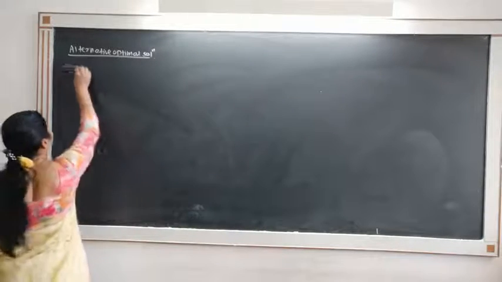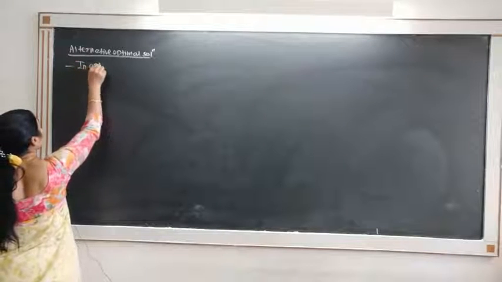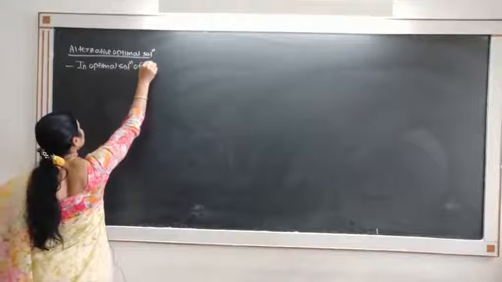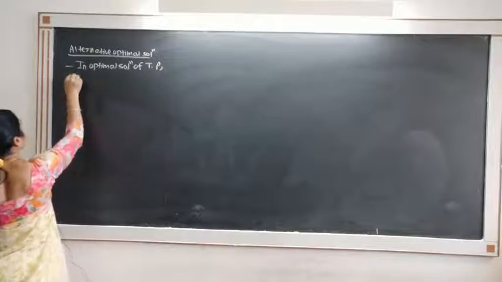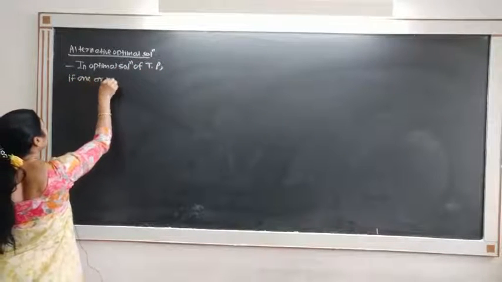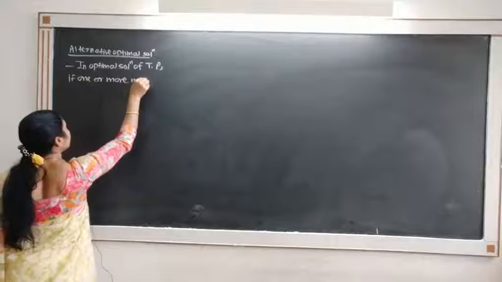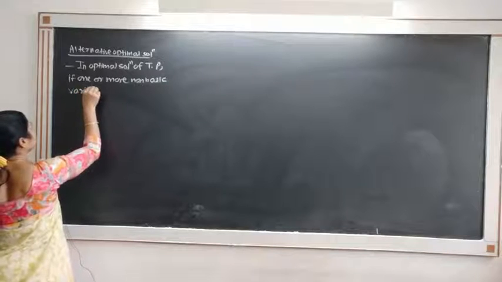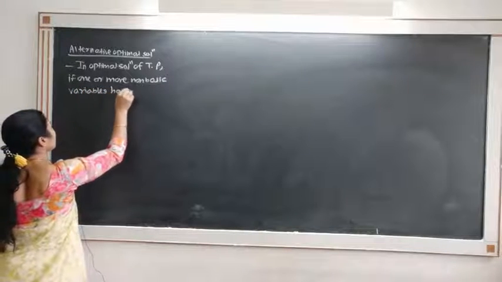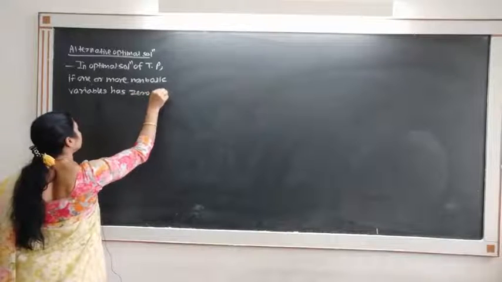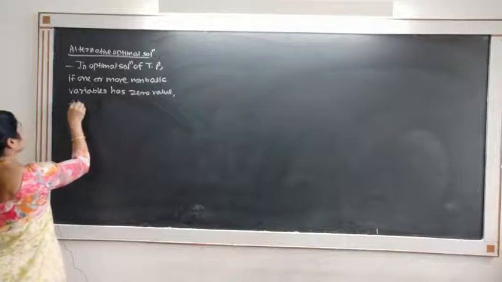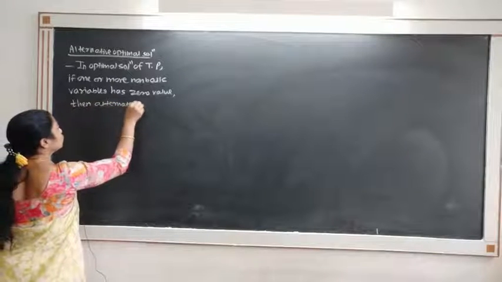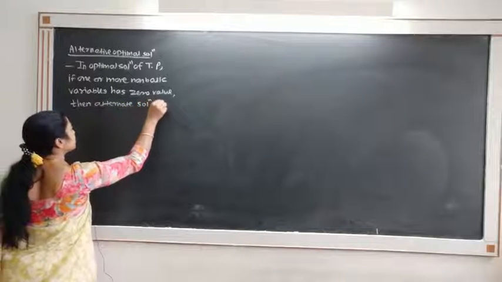So, in the optimal solution of the transportation problem, if one or more non-basic variables has zero value, then alternate solution exists.